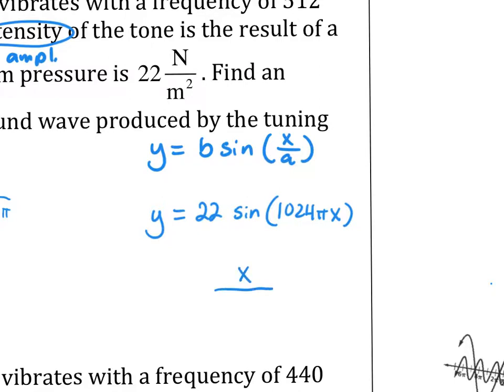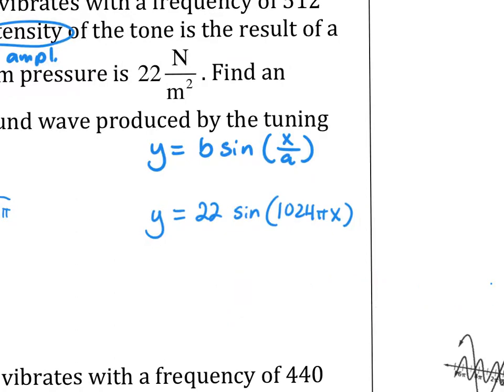So x over 1 over 1024 pi. So that now means x over, so we have dividing by a fraction. Dividing by a fraction is the same as multiplying by the reciprocal. So x times 1024 pi.